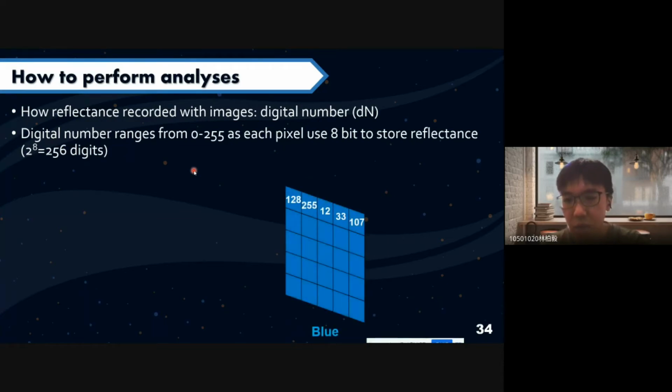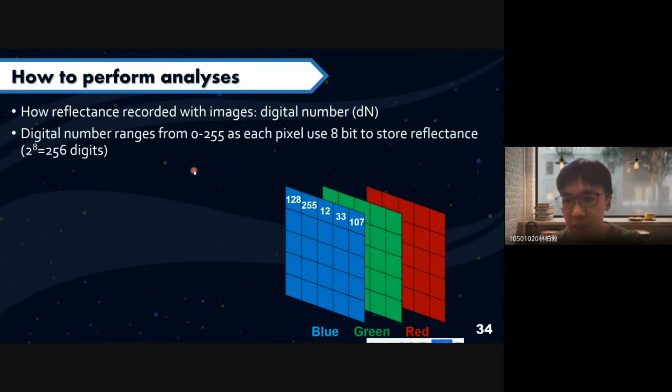And then the blue band will record its digital numbers, and then the green band, and then the red band. And for a multispectral image, they will also record the near infrared, short infrared, and so on.